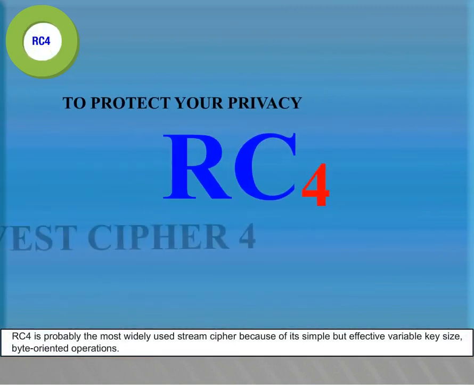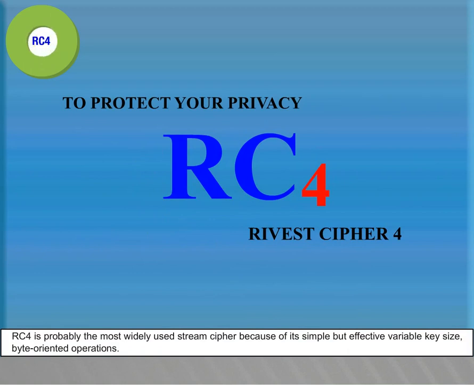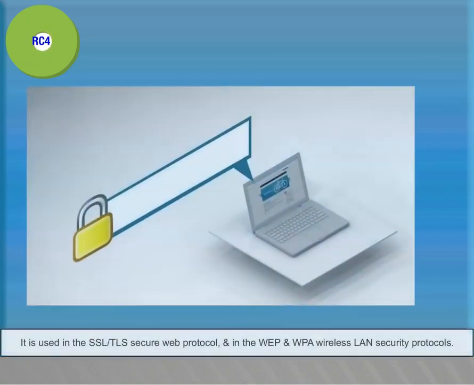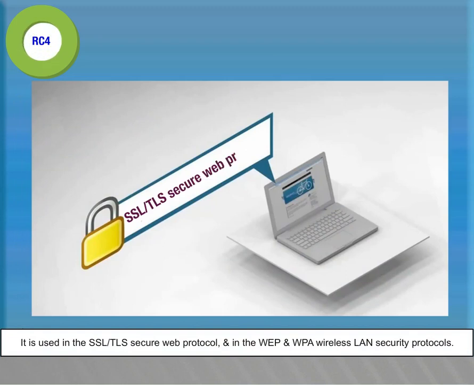RC4 is probably the most widely used stream cipher because of its simple but effective variable key size, byte-oriented operations. It is used in the SSL or TLS secure web protocol and in the WEP and WPA wireless LAN security protocols.